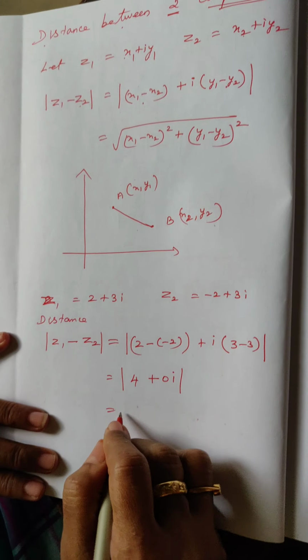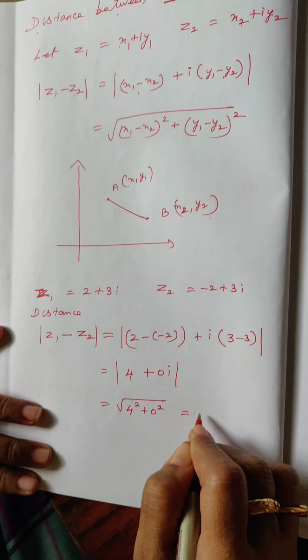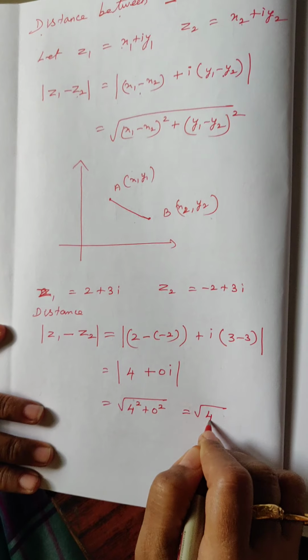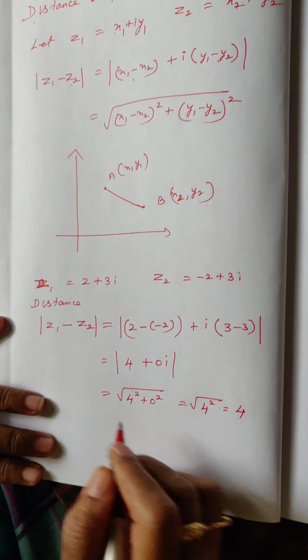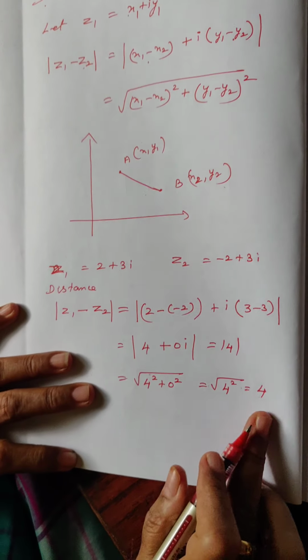Modulus of 4 is root of 4 square plus 0 square, which is equal to root of 4 square, equal to 4. Which is nothing but modulus of 4, and modulus of 4 is 4.